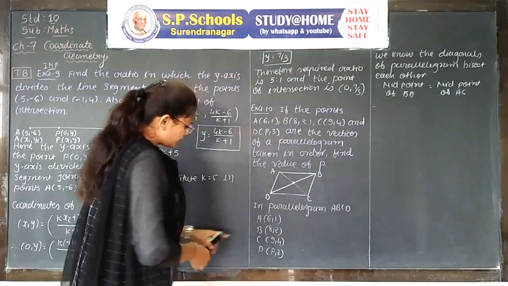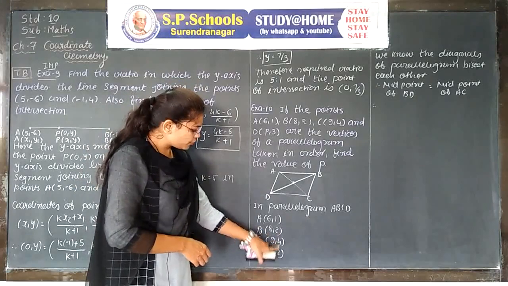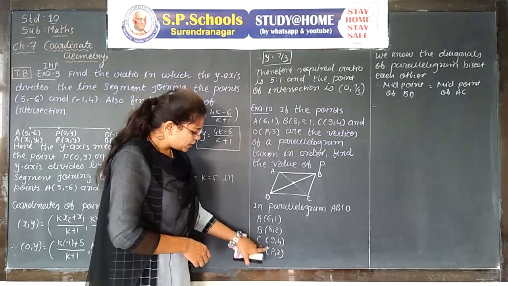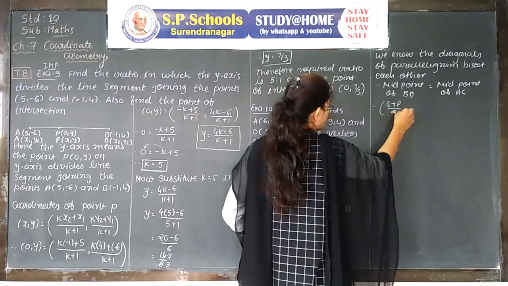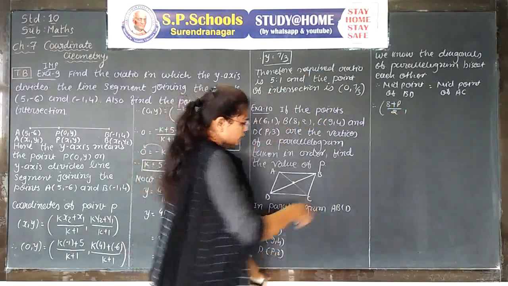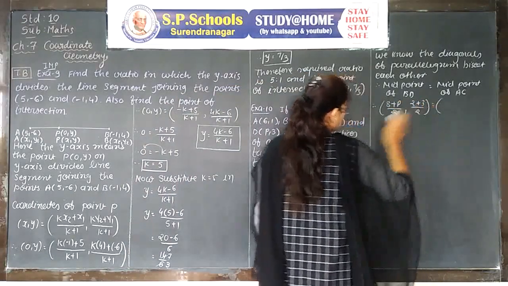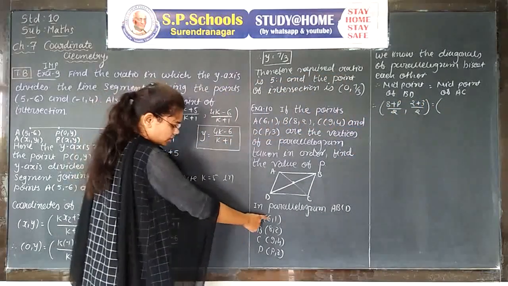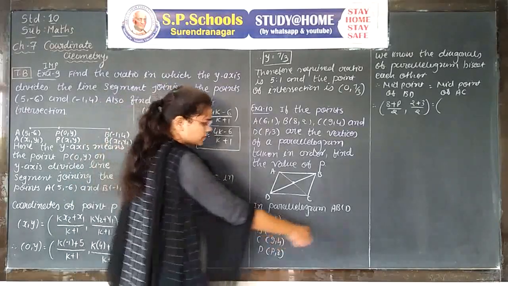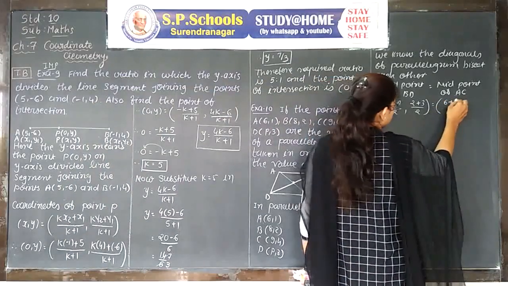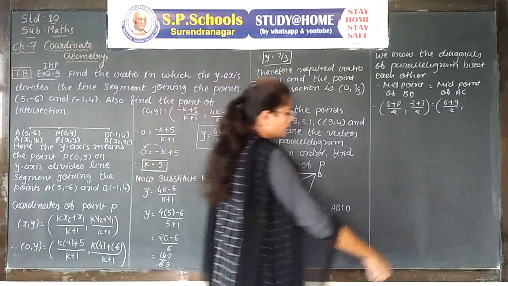Midpoint of BD: addition of x coordinates divided by 2, addition of y coordinates divided by 2, that is (8 plus p)/2, (2 plus 3)/2, equals the midpoint of AC, using the coordinates of points A and C, (6 plus 9)/2, (1 plus 4)/2.